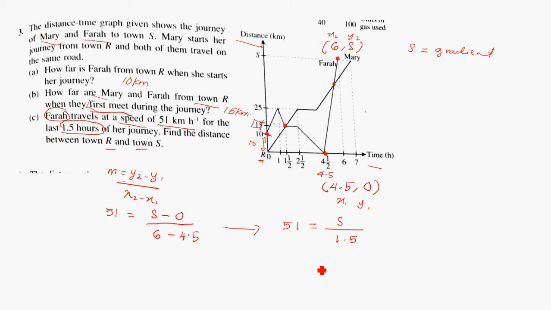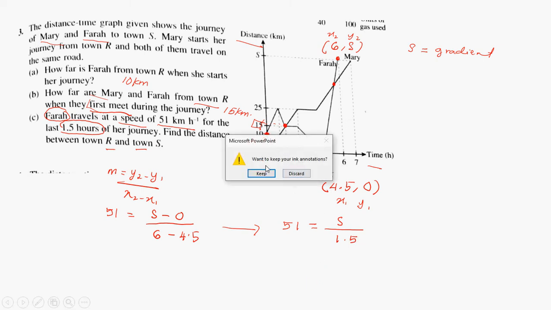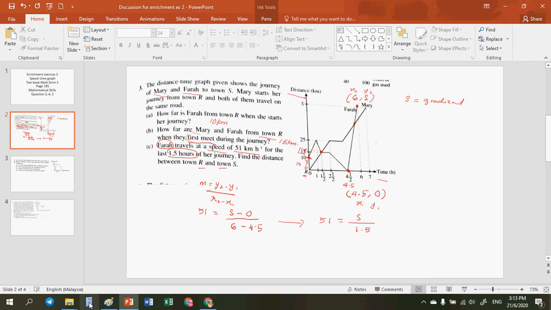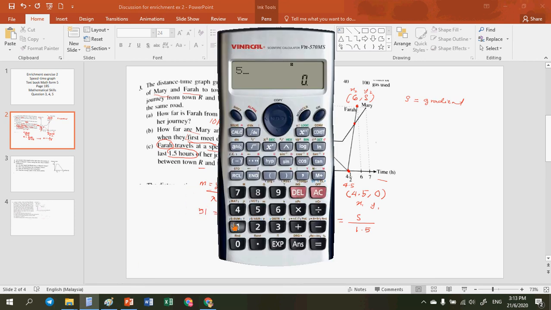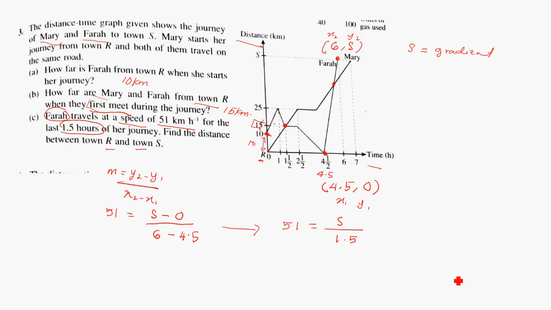So 51 times 1.5 equals 76.5. Why multiply? Because we want to find s, so 51 times 1.5 equals s. So s equals 76.5.